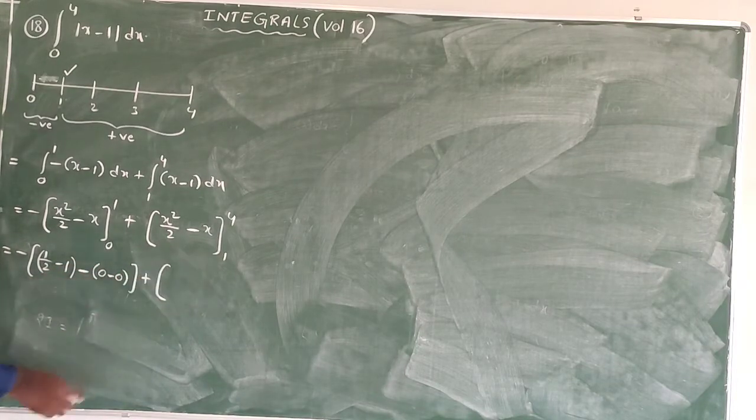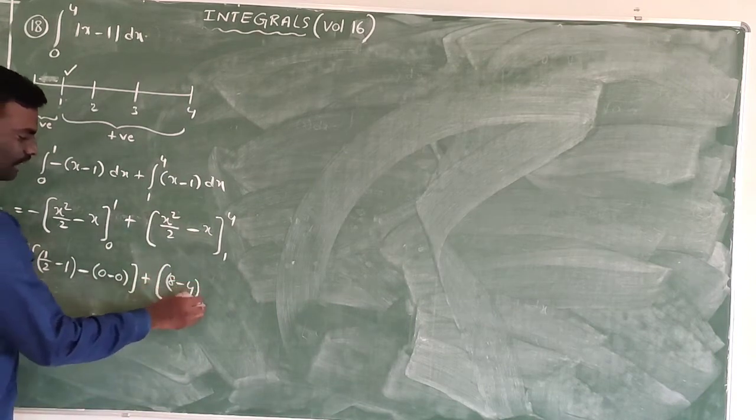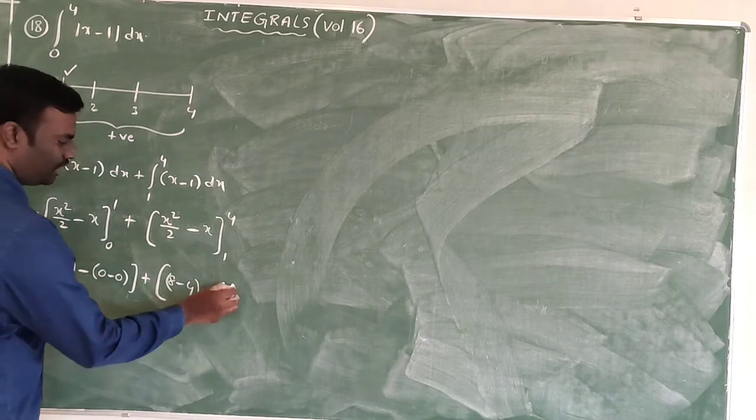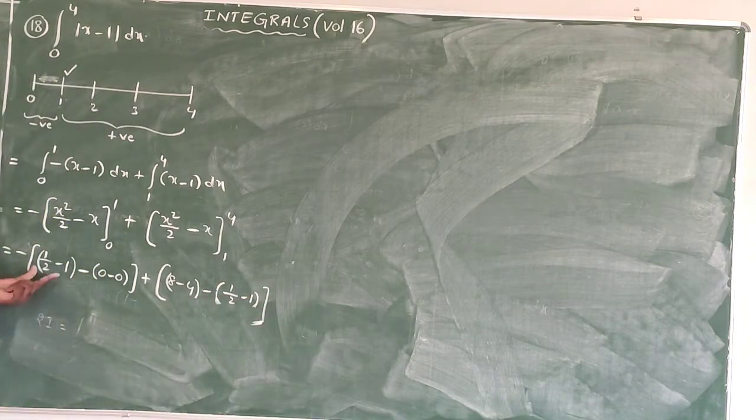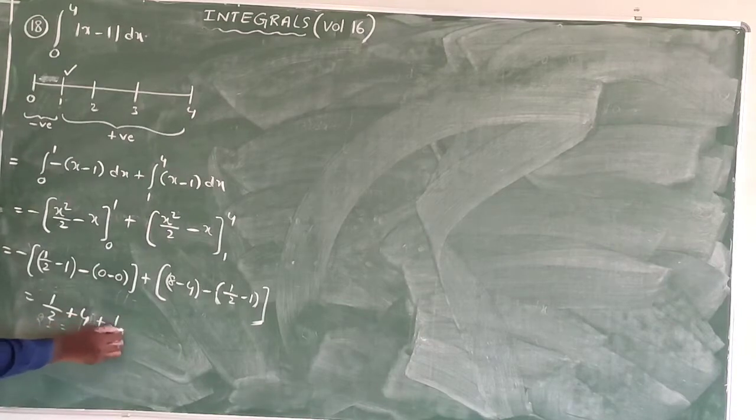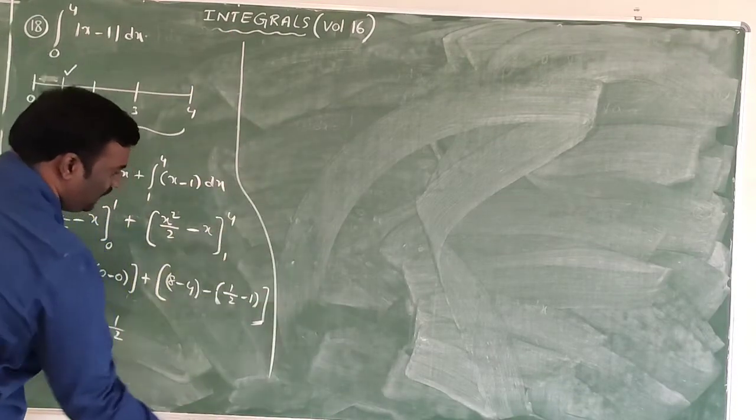Here also first substitute upper limit, 4 square 16 by 2 is 8, next lower limit, 1 square by 2 minus 1. 1 by 2 minus 1 means minus 1 by 2, already minus is there, that is plus 1 by 2. 8 minus 4 is 4. Then 1 by 2 plus 1 by 2 is 1, plus 4. Therefore, the answer is 5 for question number 18.